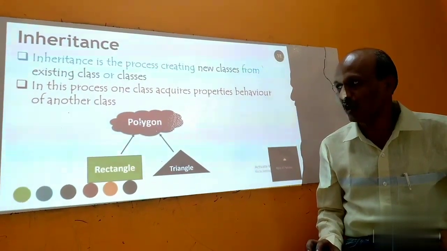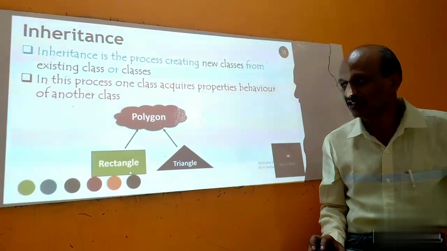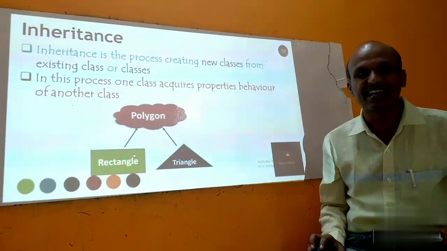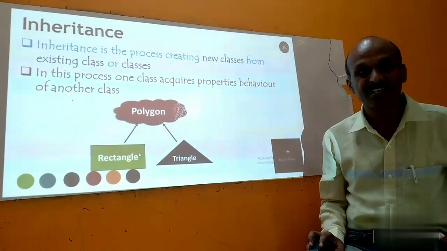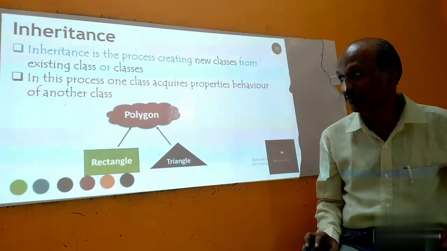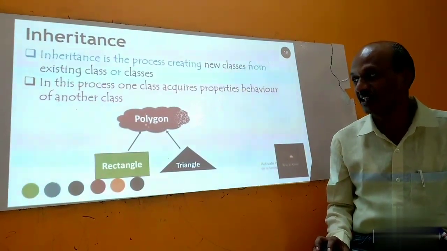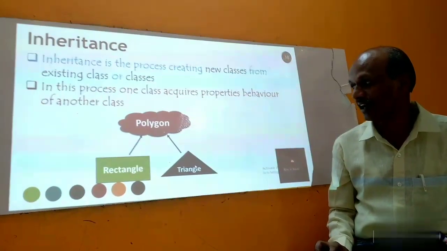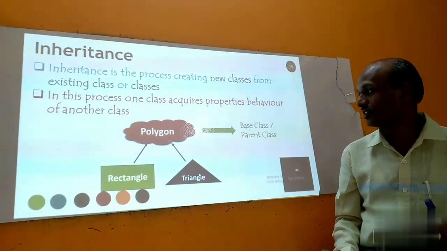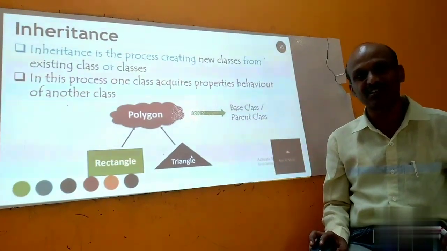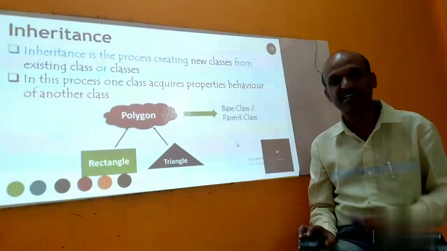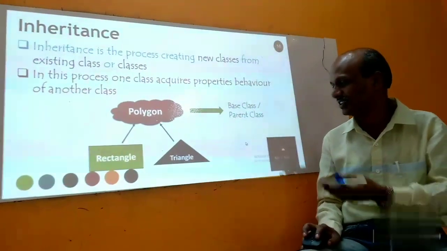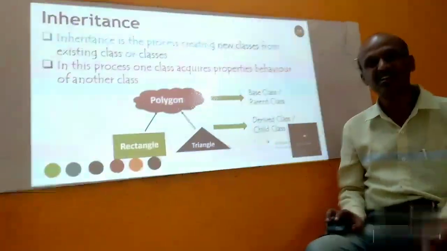Once you have a polygon class in your software, there is no need to define a rectangle class again from scratch. Using that polygon you can create a rectangle class, or again using that polygon class, once you have this definition, you can create the triangle. So here the polygon is called a base class, parent class, or super class, and these classes are called derived classes or child classes.